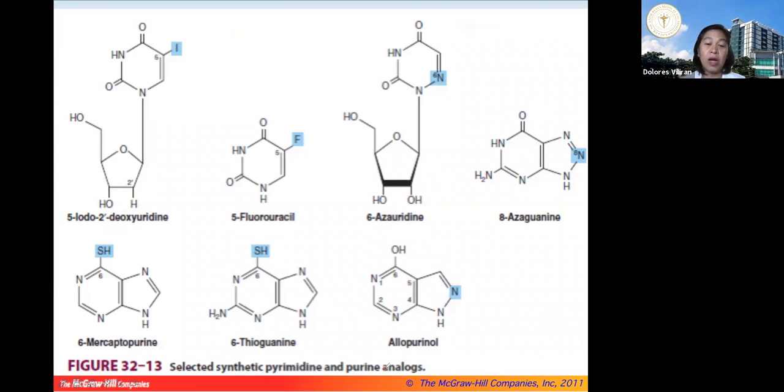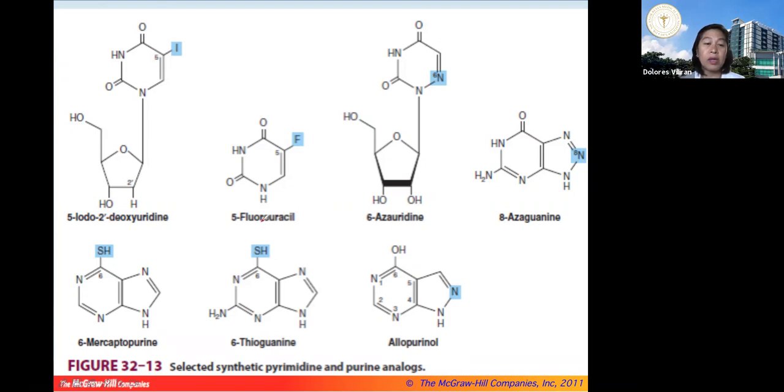So these are look-alikes of purines and pyrimidines, which are being used as drugs. For example, in the treatment of gout, when you have excessive uric acid, the name of the drug is allopurinol. And then examples of drugs used in the treatment of cancer: 5-FU, mercaptopurine, thioguanine.